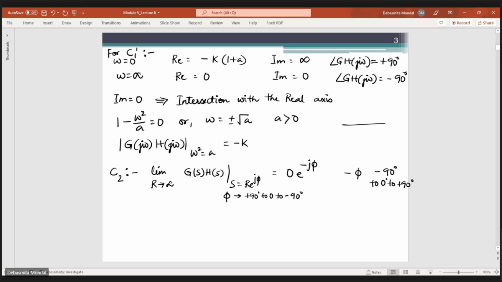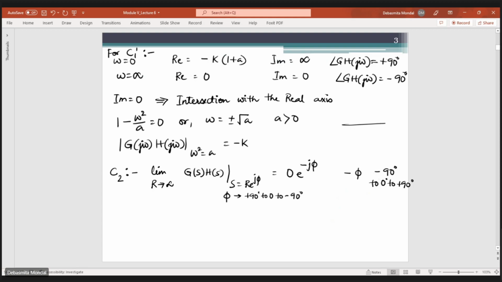Effectively, just to draw how the angle is changing, it is coming from here going till here. So corresponding to C2, there is an angle change from minus 90 degrees to plus 90 degrees. Then for C1 double dash, this is coming here, then it is moving towards this side. Okay, so C2 is done.